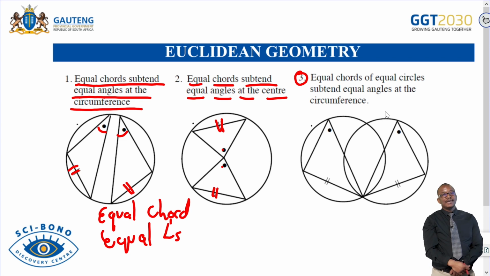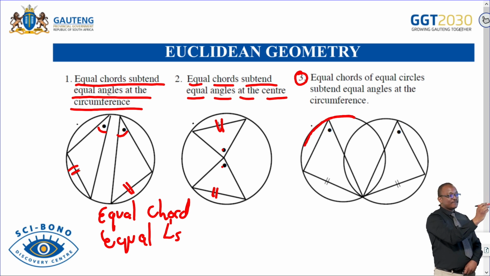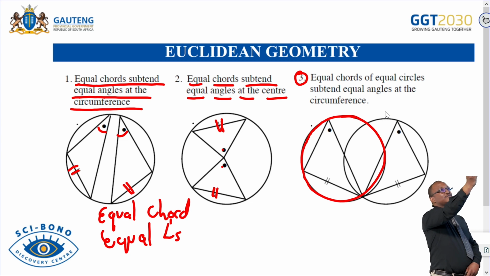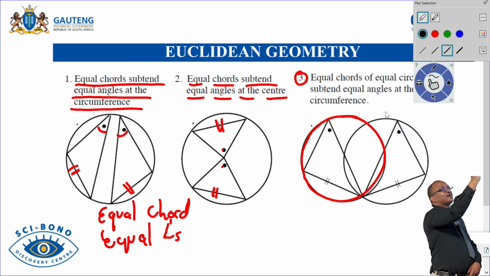So now, here we have two circles that are equal. You can see there we have the first circle, and we also have another circle.